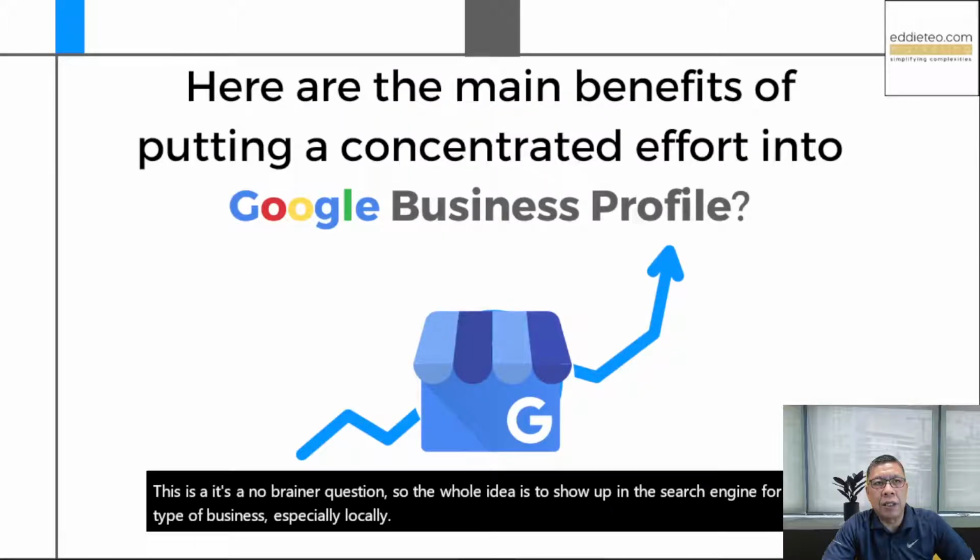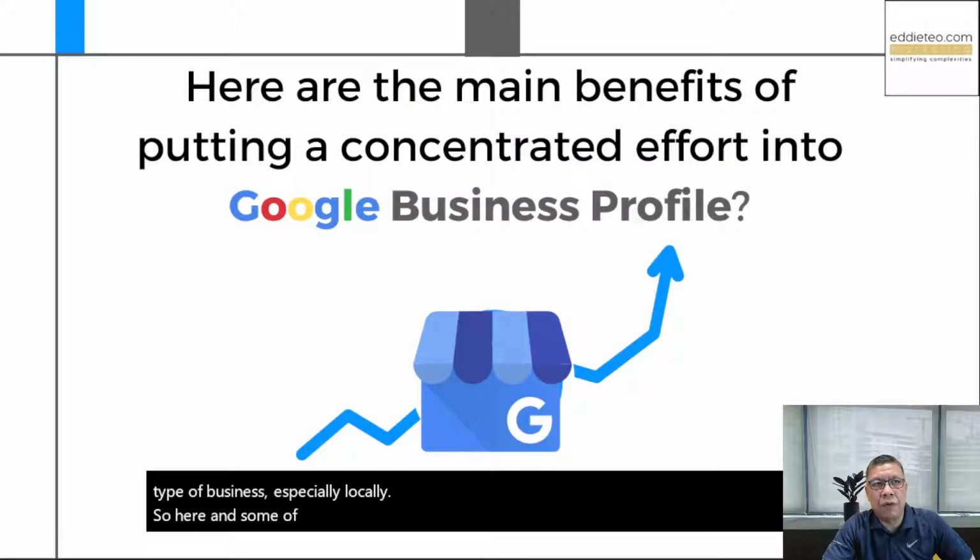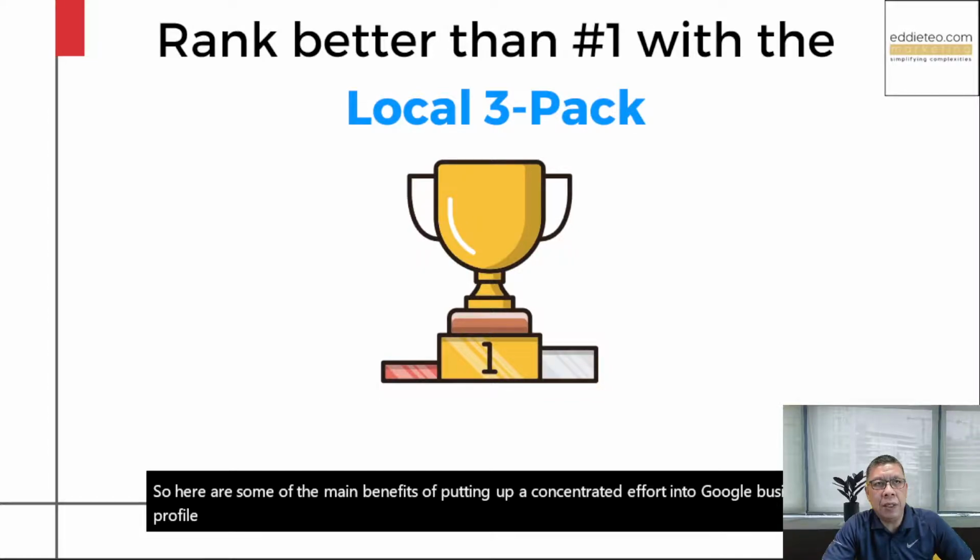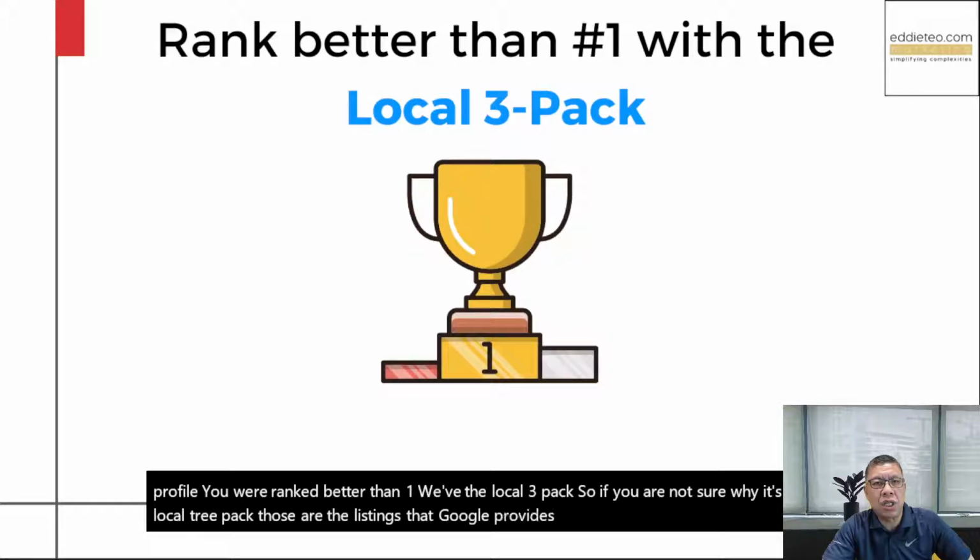Here are some of the main benefits of putting a concentrated effort into Google Business Profile. You will rank better, with a chance at the local three-pack. If you are not sure what the local three-pack is, those are the listings that Google provides straight after you search for something, after their advertisements.